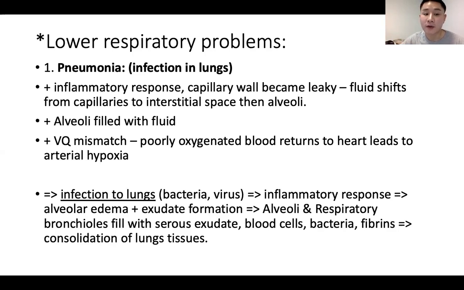Then the alveoli and respiratory bronchioles fill with serous exudate, blood cells, bacteria, and fibrin. This leads to consolidation of the lung tissues. The word consolidation basically means that when we look at the X-ray of someone who has pneumonia, their lungs will be white and consolidated. It's filled with fluid and pus and all this stuff.